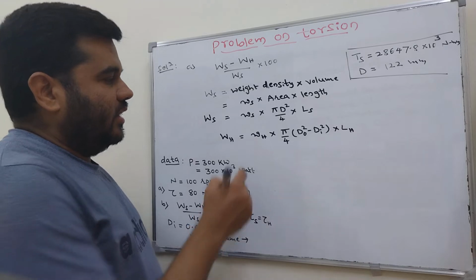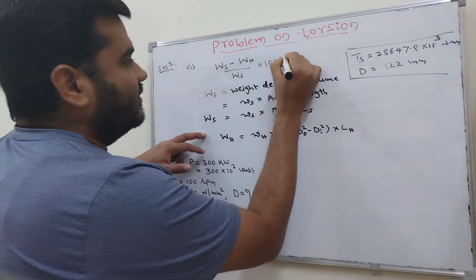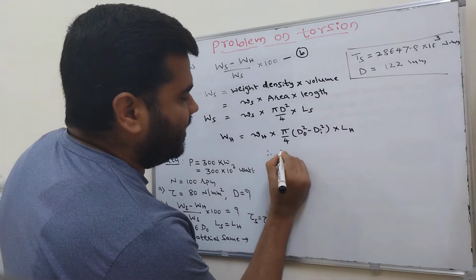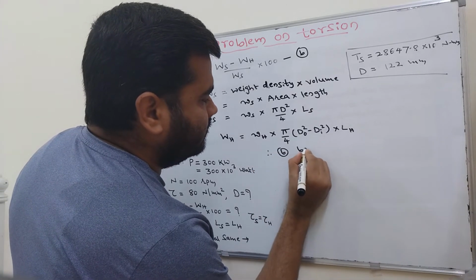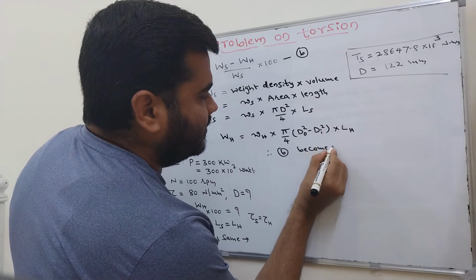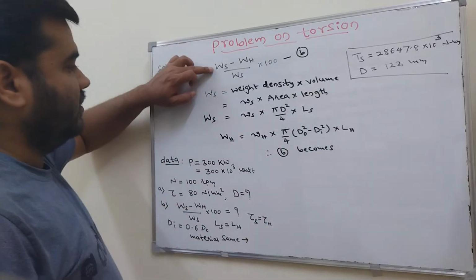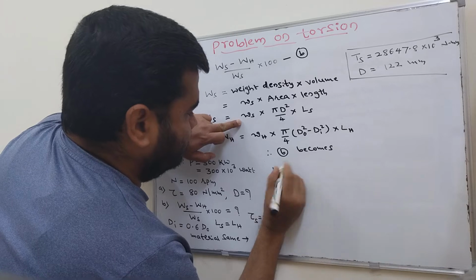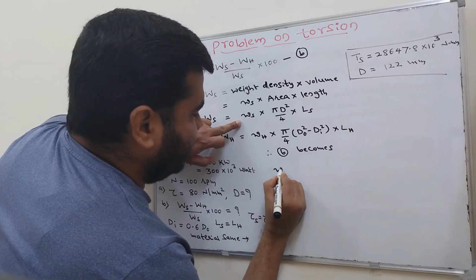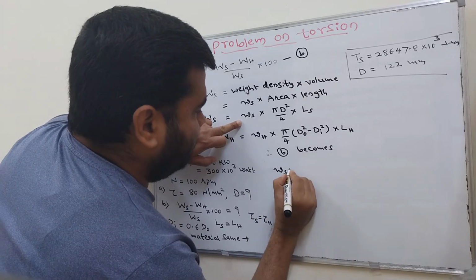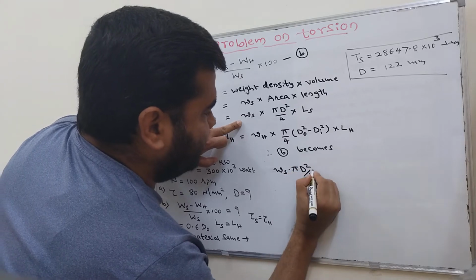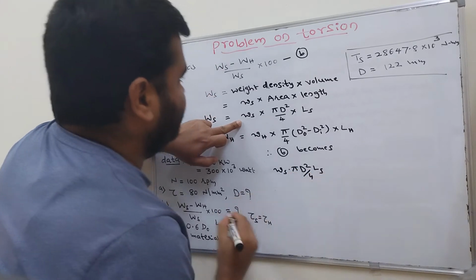Now substitute this here. This is equation B. Therefore B becomes: weight of solid shaft is the specific weight of solid shaft into pi d square by 4, capital D, into length of solid shaft.